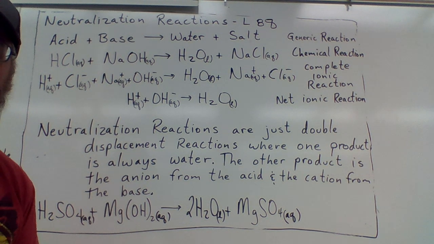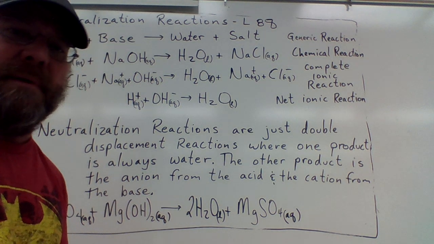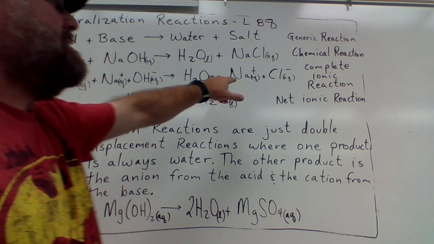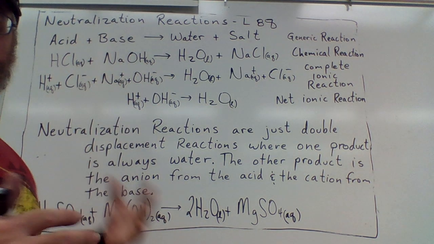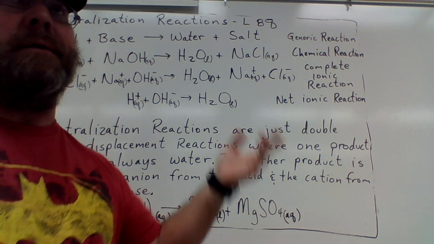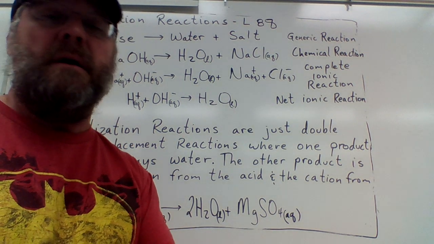But then we also talked about, well, what is the net ionic reaction? What is really happening here? What is really happening is that this Na and Cl are spectator ions again. Spectator ions don't do anything, they just sit around. They're the same before, they're the same after, so they didn't do anything.